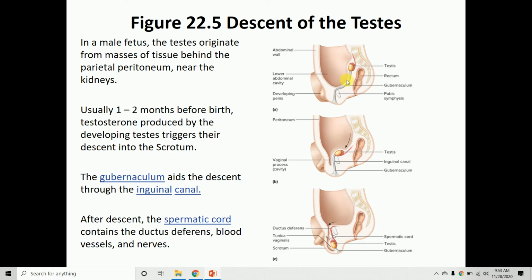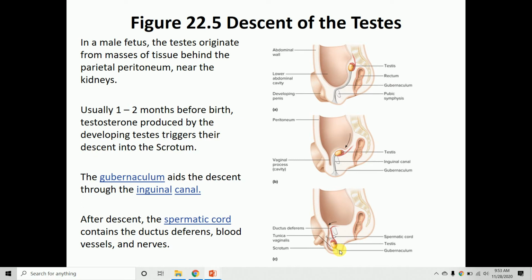That descent is known as the descent of the testis. It is pulled or guided by this ligament-like structure known as the gubernaculum that starts to shorten and pulls the testis with it until it is housed in the scrotum.